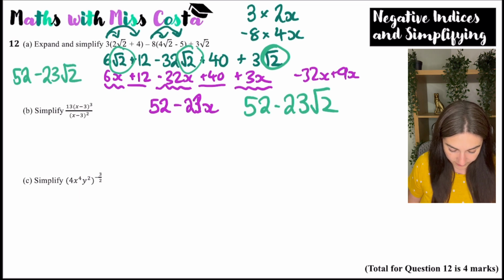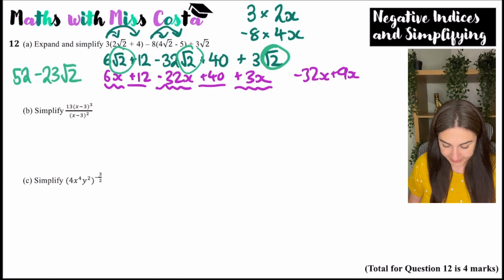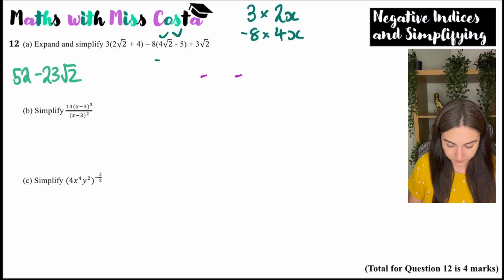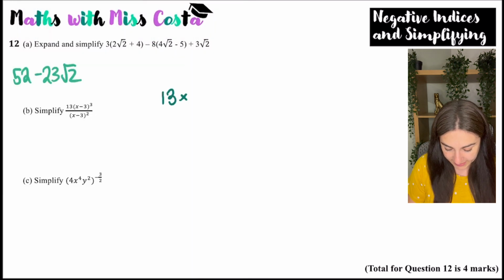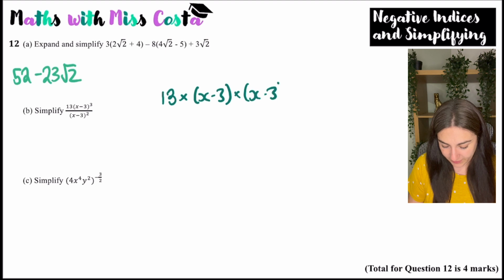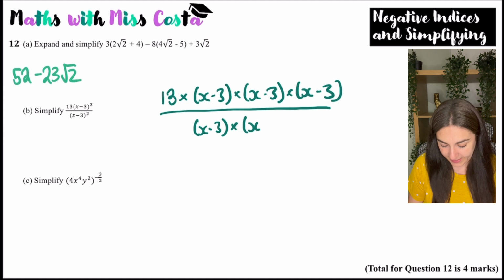Next, we've got this nice little algebraic fraction. So what you can do is think to yourself, that's the same as saying 13 times x minus 3 times x minus 3 times x minus 3 over x minus 3 times x minus 3.